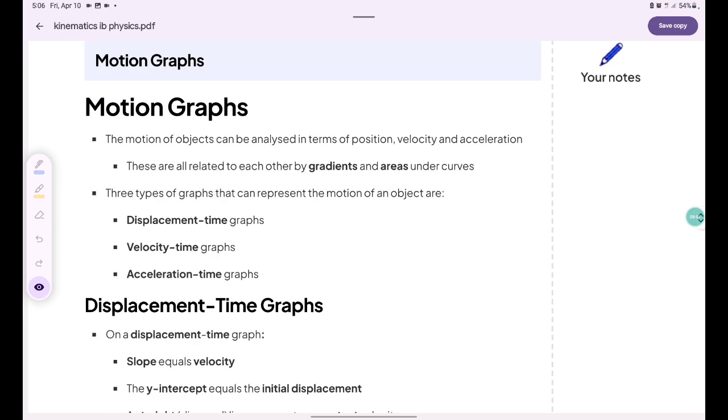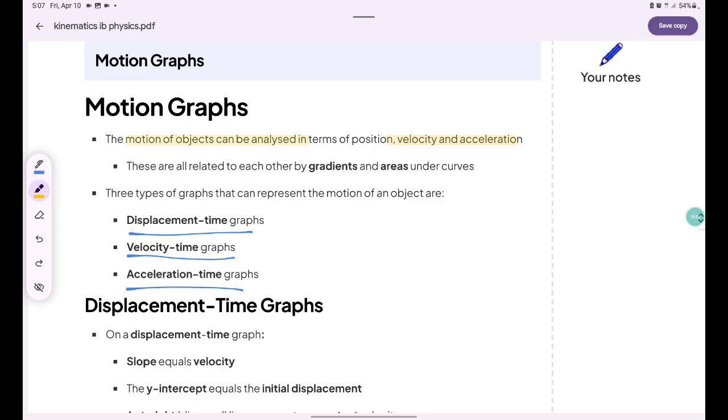Motion graphs. This topic revolves around the displacement time graph, velocity time graph, and acceleration time graph. The motion of an object can be analyzed in terms of position, velocity, and acceleration: d, v, and a.